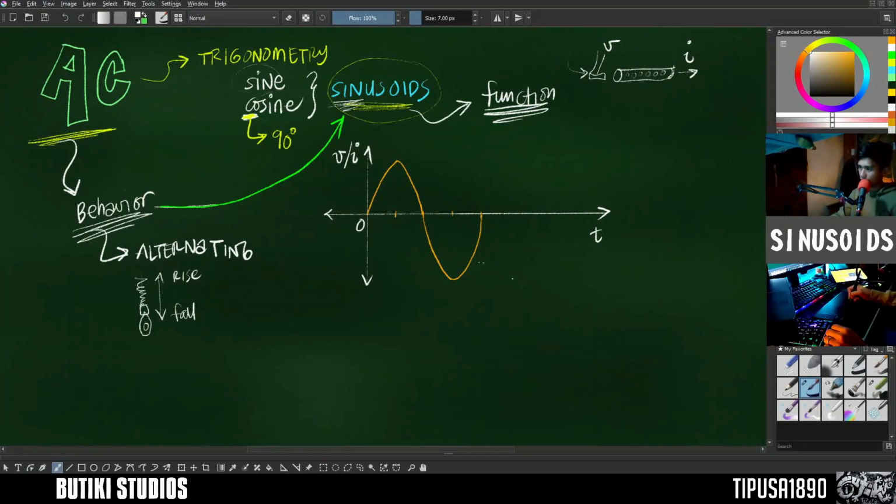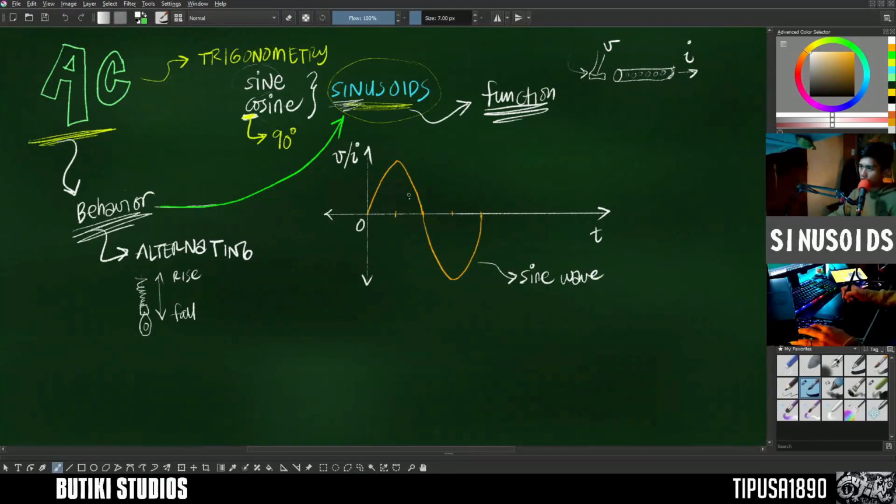So this is a sine wave. So a sine wave is what is representing our alternating current. When I said earlier nga nagsaka og naog ang ato ang kurente.